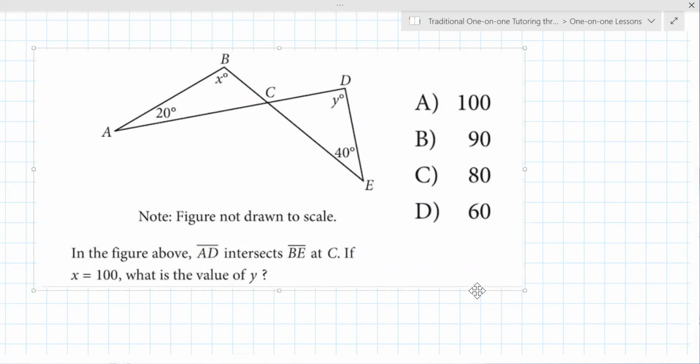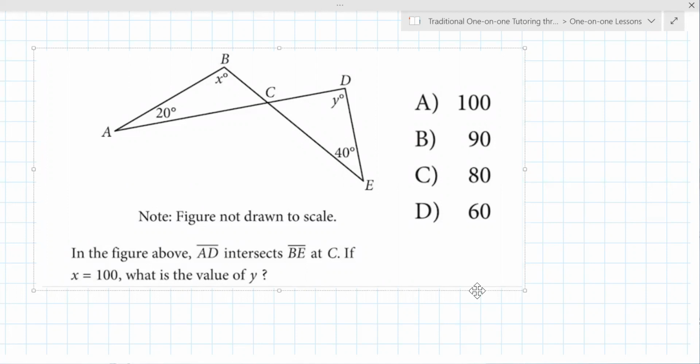In the figure above, AD intersects BE at C. If X equals 100, what is the value of Y?